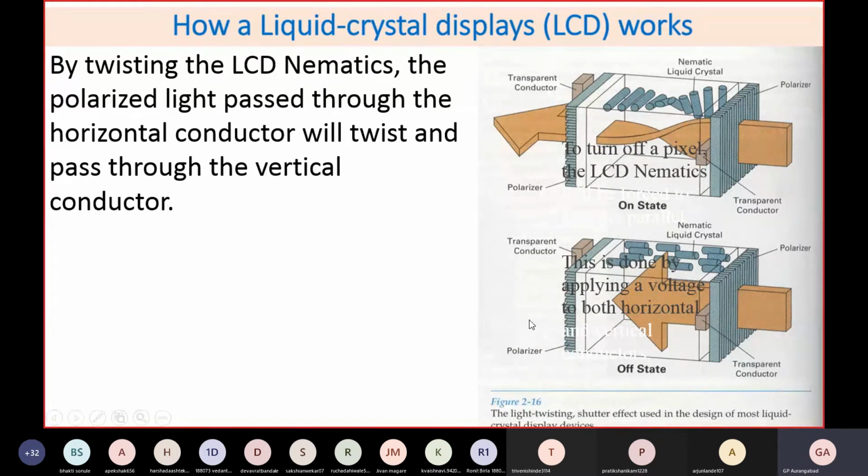But if you want to block, that is the off state, what happens is that when you apply voltage to the LCD, it straightens up. Because of the voltage, the light comes as it is to the plate without any shift. So it remains vertical, and when it meets the horizontal plate, everything is blocked and nothing comes out. So this is the principle of the LCD display.